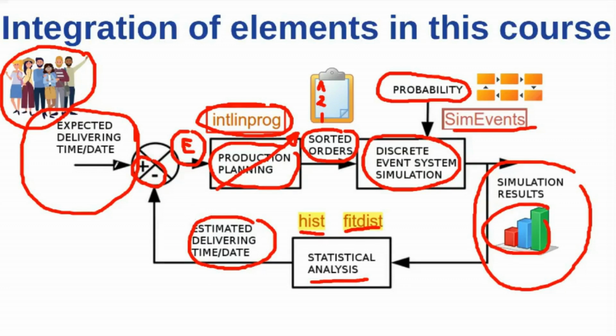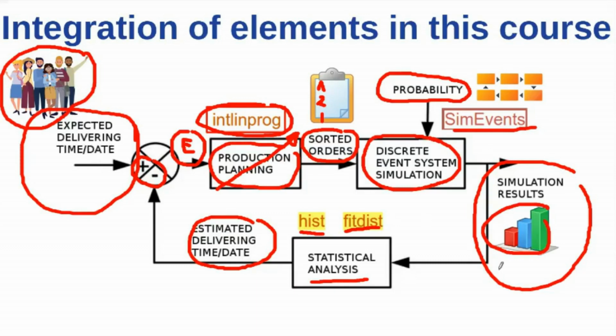Because it means that the customers will be delivered on time, because this estimated time is smaller than this expected delivery time. That's the main idea of this control loop.